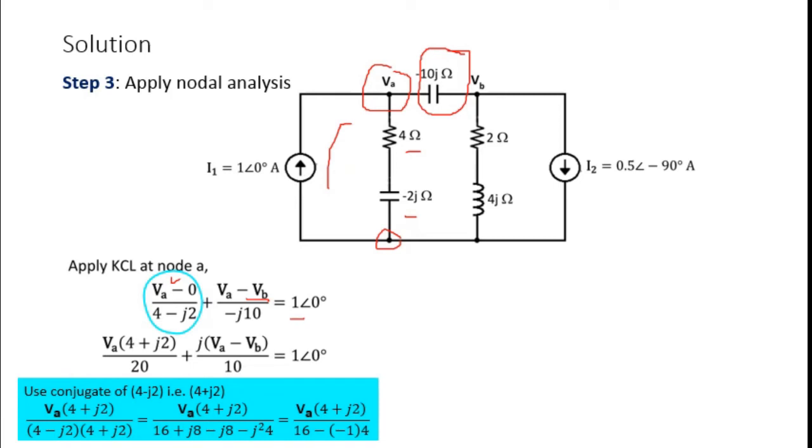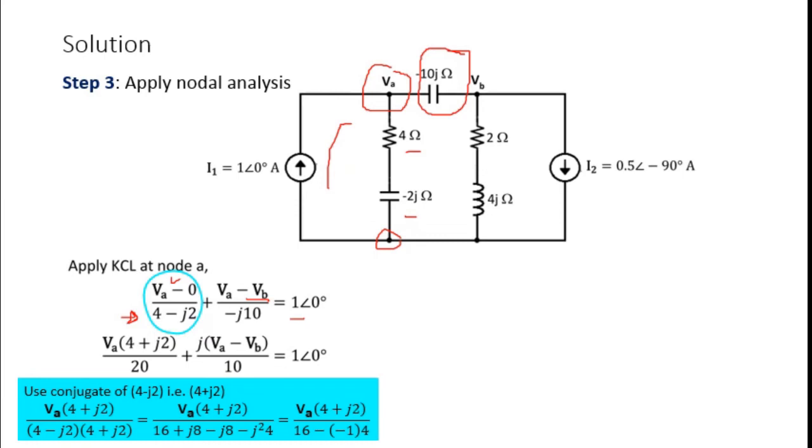We apply the conjugate, top and bottom, with the conjugate value. The final expression is equivalent to VA open bracket 4 plus j2 close bracket over 20. And don't forget that j squared is equivalent to minus 1.